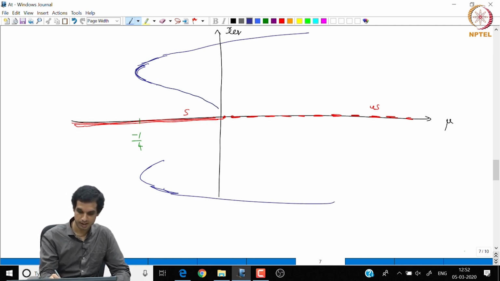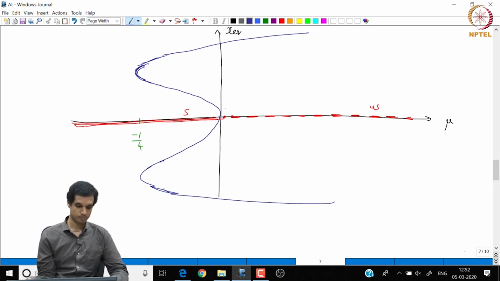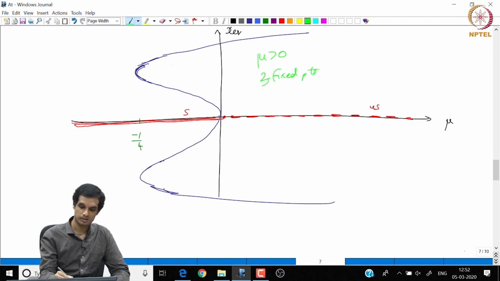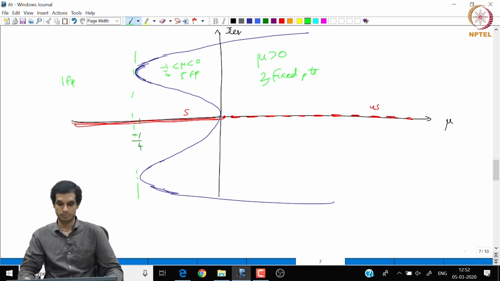So, they kind of merge, and then they disappear. There are only 2 fixed points. So, when mu is positive, 2 plus 1, 3 fixed points including the origin, and in this range when mu is bigger than minus 1 by 4 and negative, we have 5 fixed points, and here as usual we have only 1 fixed point.